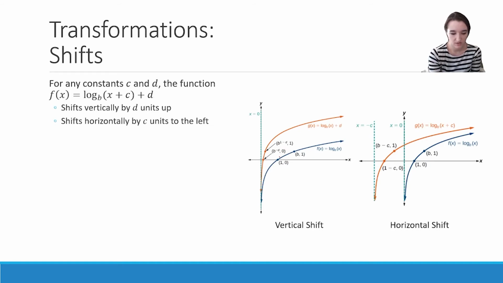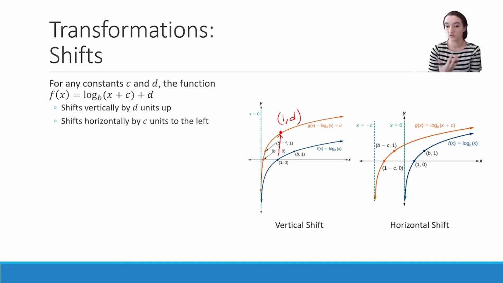This point is getting shifted up, but we also get a new point that you can pay attention to at b to the power of negative d, 0. That's the new 0 of the function. So we get a new 0, but we also have the point that shifted up, a new point at (1, d). So we get several points that you can use to figure out what's going on.